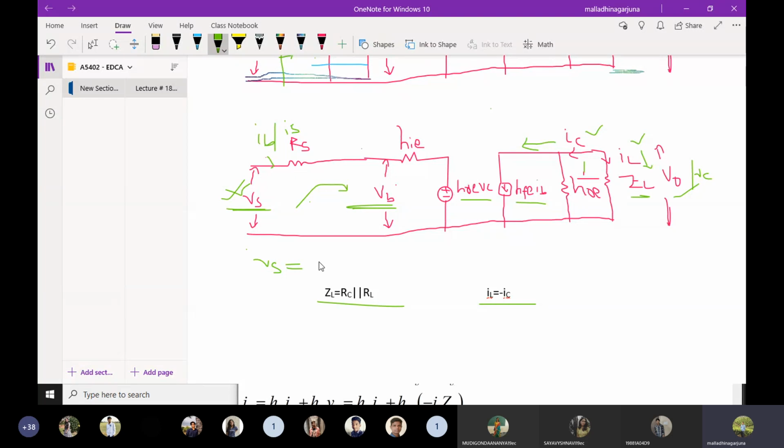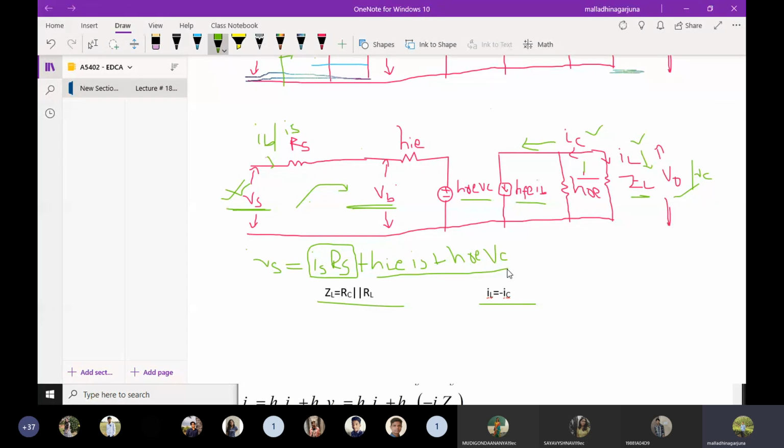If I apply KVL here, I can write IS RS plus hie IS plus hre Vc. So here an extra term is added, that is IS into RS. The remaining hie plus hre Vc is the same as the previous equation. Only an extra term is added.